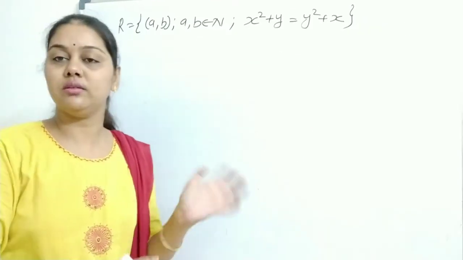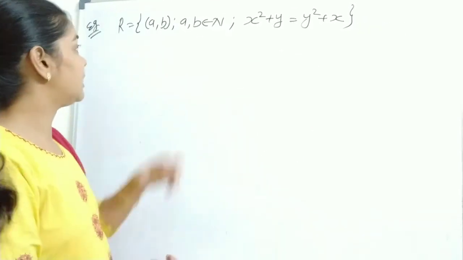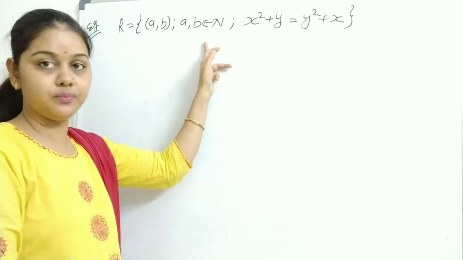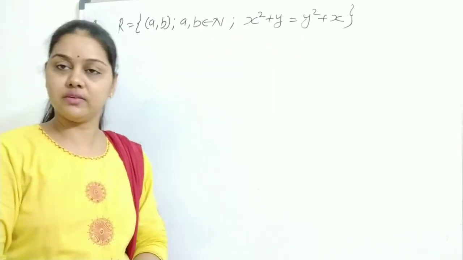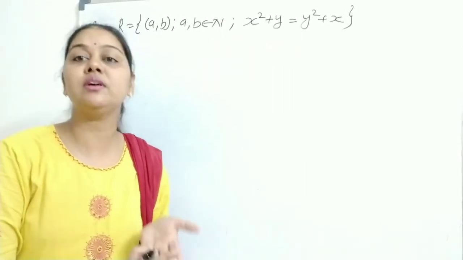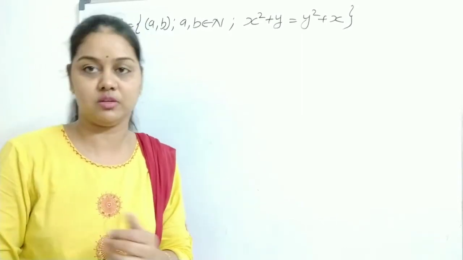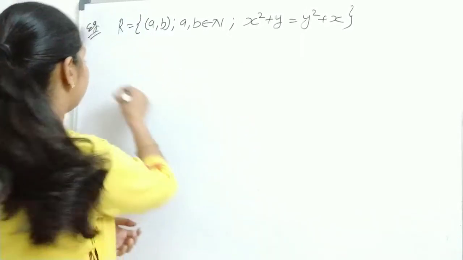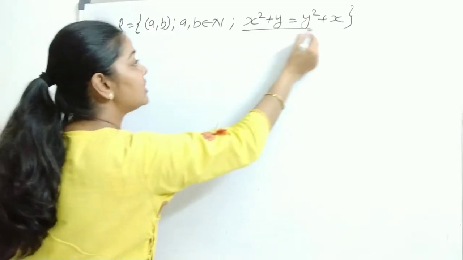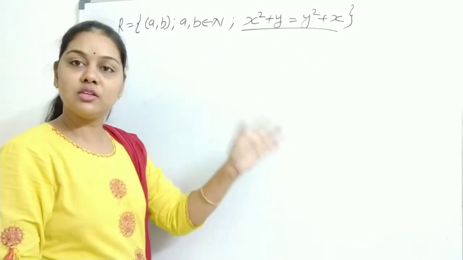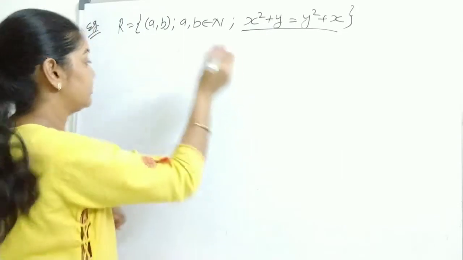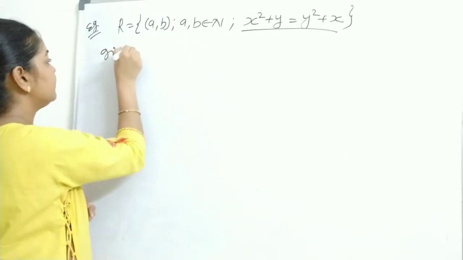In this question, relation R is given to us from natural numbers N to N, and a condition is given to us. You have to check whether this relation is reflexive, transitive or symmetric or not. Firstly, whenever a condition is given to you, just try to simplify it.